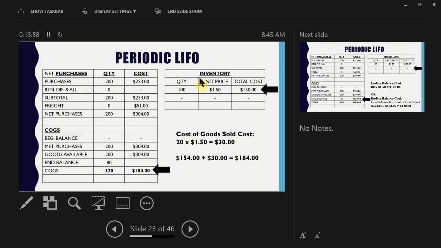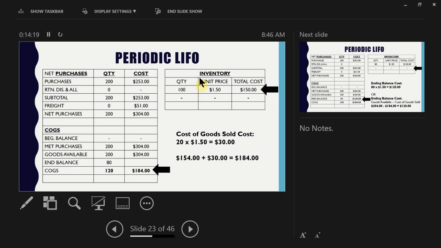So we're going to take our 20 items, and this is where cost per item comes into play, because we're not taking out the whole batch, we're only taking a portion of that batch. So we need to look at it on an individual scale. If we sold a total of 20 items, how much would it cost per item?